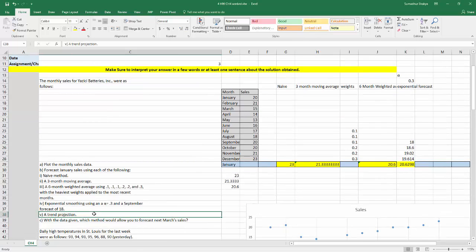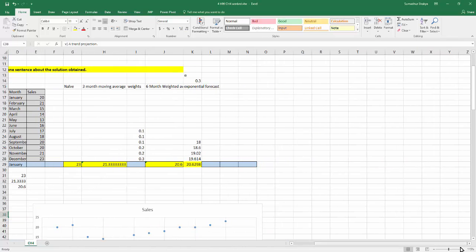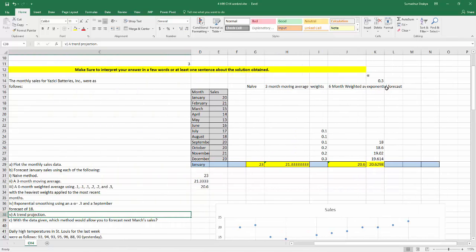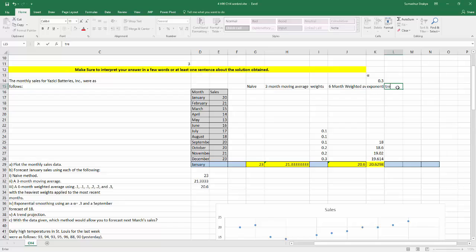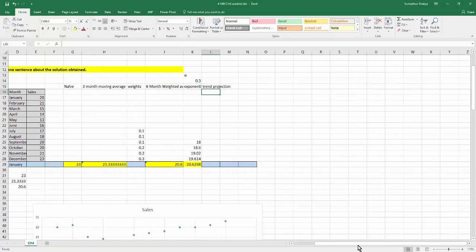The next one is trend projection. So in order to do the trend projection, so now we are going to do trend projection. Okay, now in order to do the trend projection, let me bring all of this data here, Control C after selecting it.